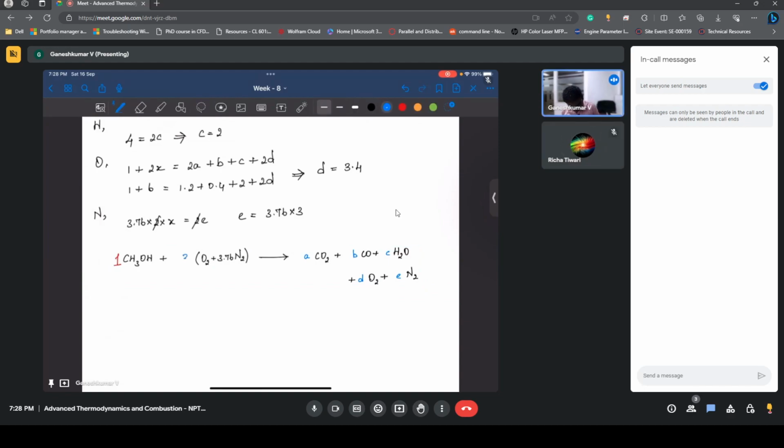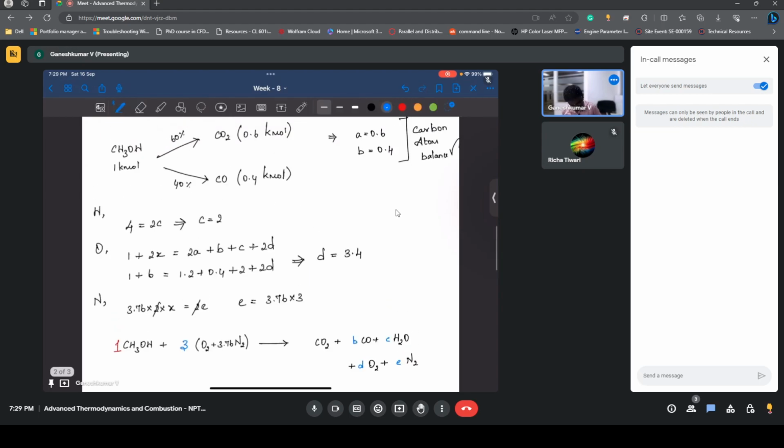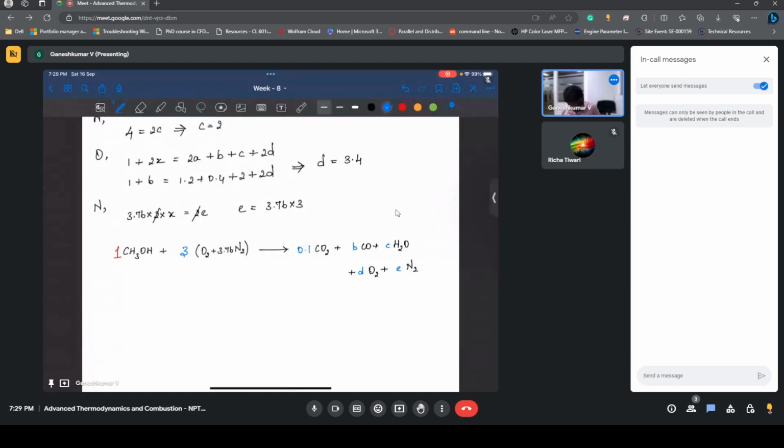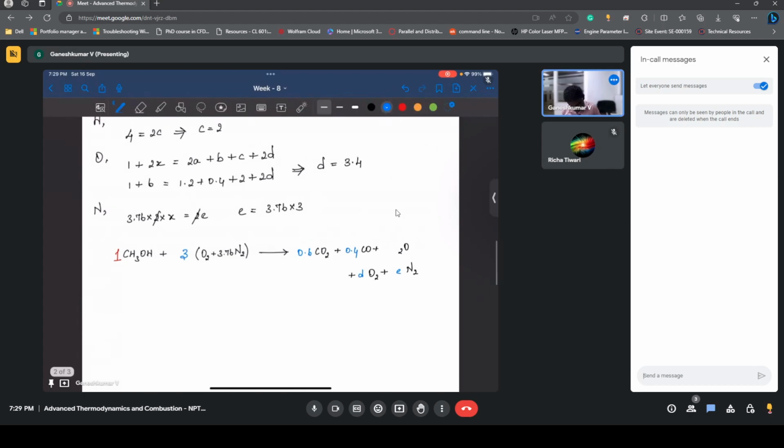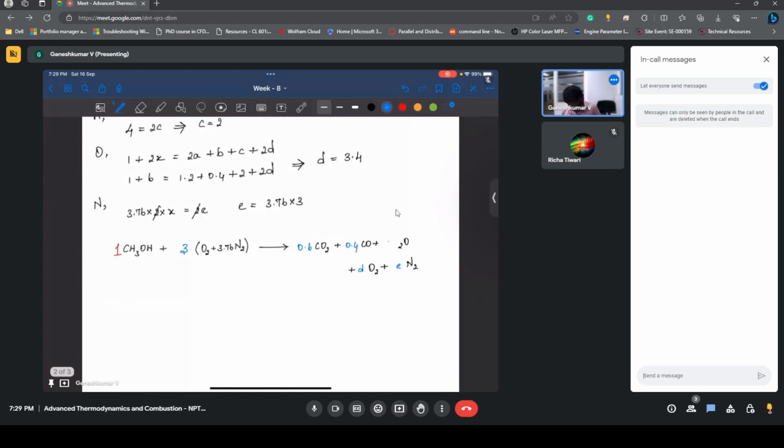Yes, X is 3, A is 0.6, and CO is 0.4, and C times H2O is 2, D is 3.4, and N2 is 3.76 times 3.